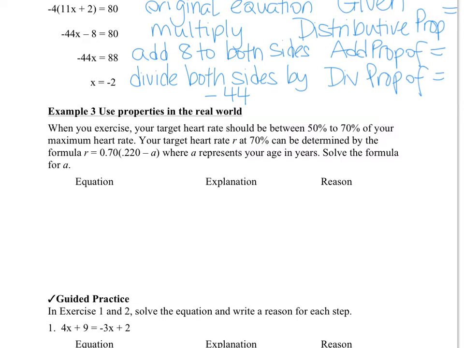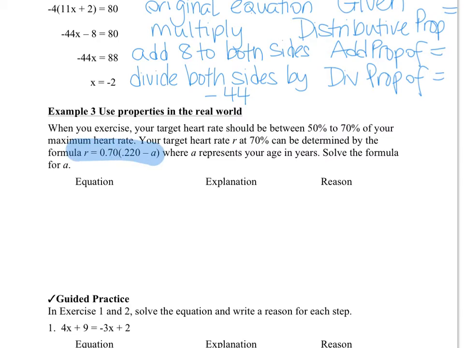You see that when you exercise, your target rate should be between 50% and 70% of your maximum heart rate. Your target heart rate at 70% can be determined by this formula, where A represents your age in years.